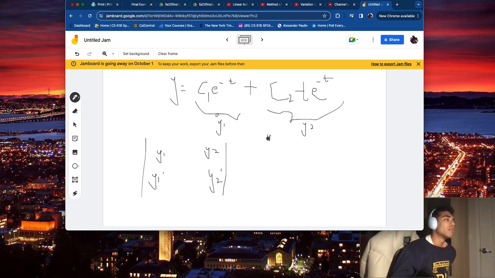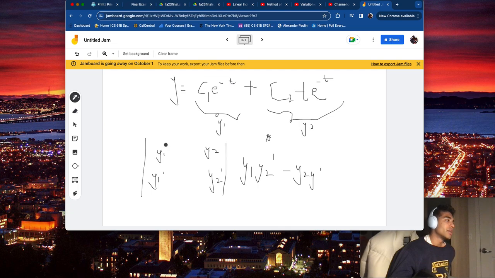Imagine if it was, that would mean that y1 y2 dash would just be, and then you take y2 and y1 dash. So in this case, what would it be?